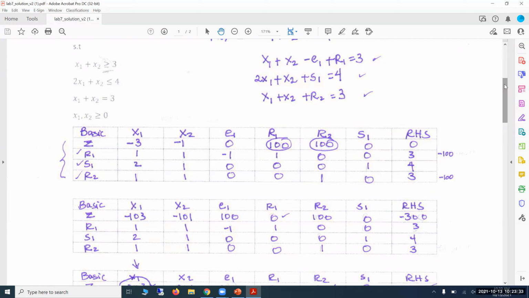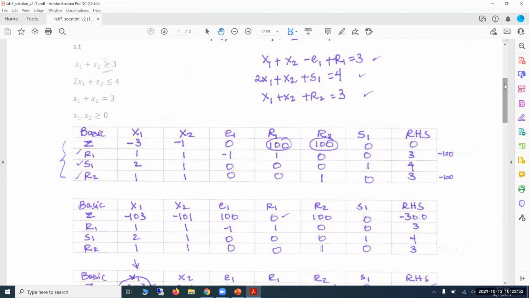And that's how I got the minus 103, minus 101, the 100 for E1, the 0 for R1, the 100 for R2, the 0 for S1, and the minus 300 for the right-hand side.